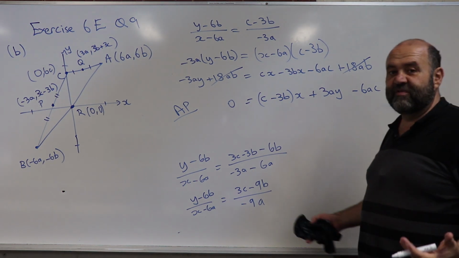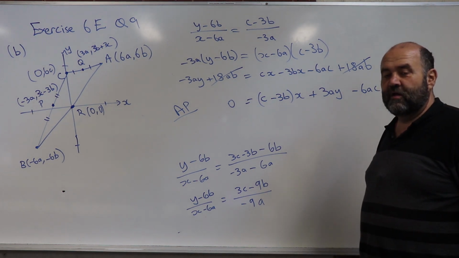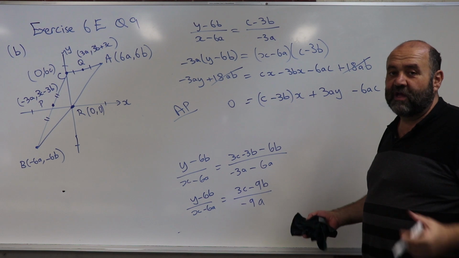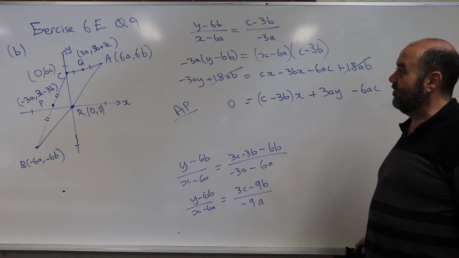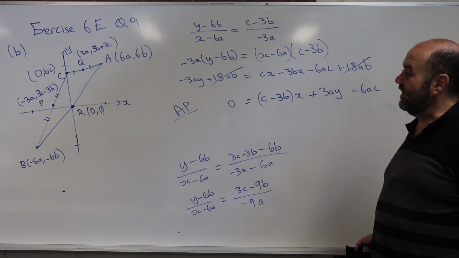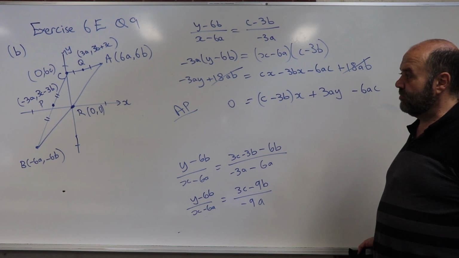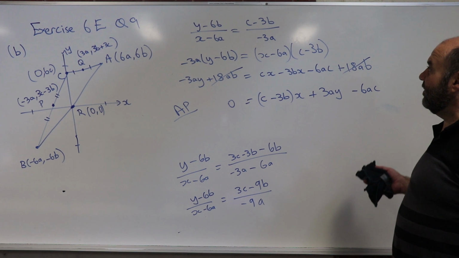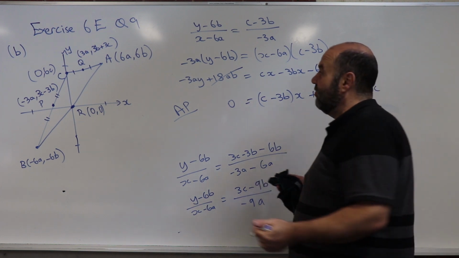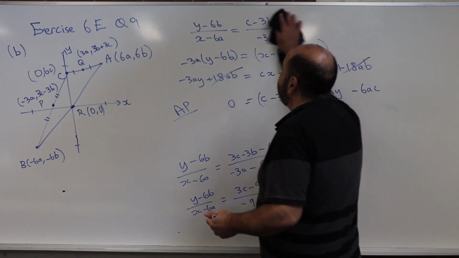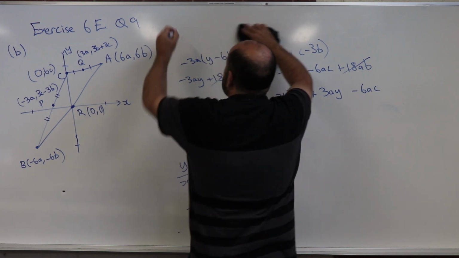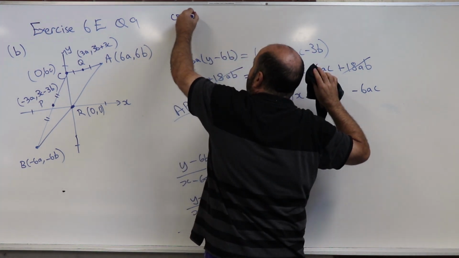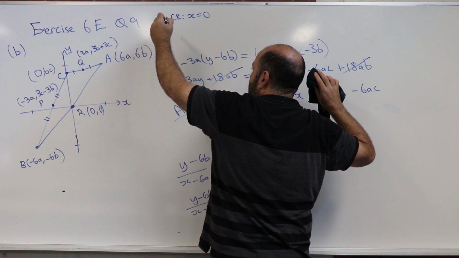Now we're going to go through exactly the same process to find the equation of BQ. Okay, so let me save a bit of room over here. I'm just going to write down what we know so far. So CR is x equals 0.